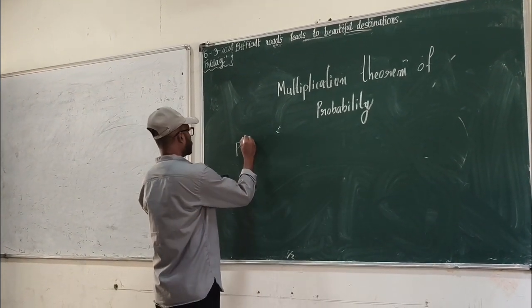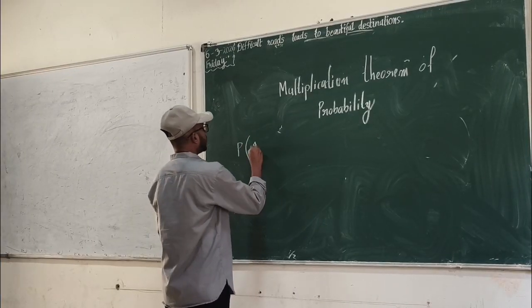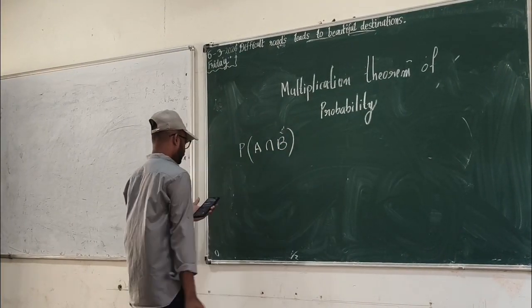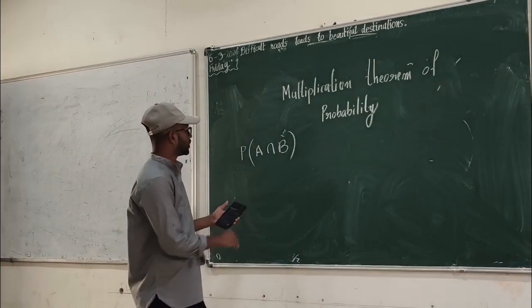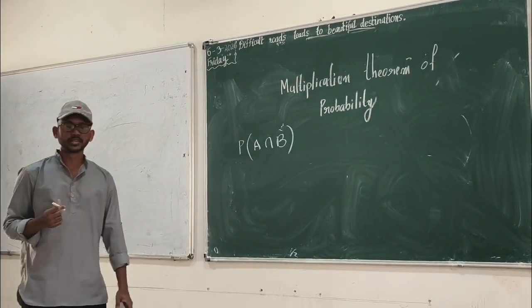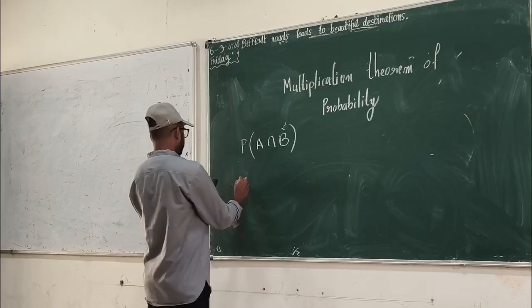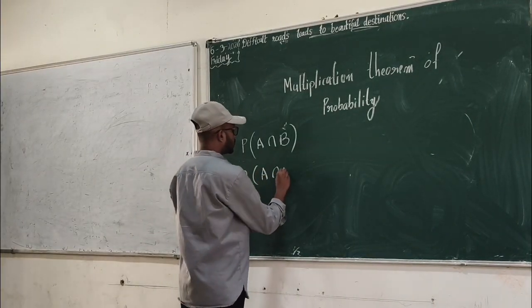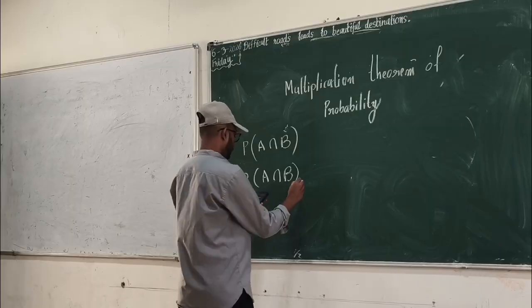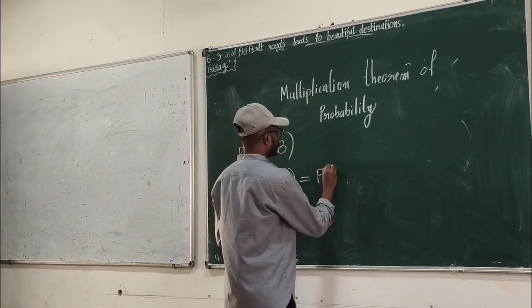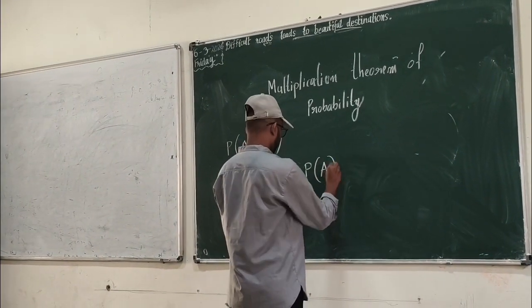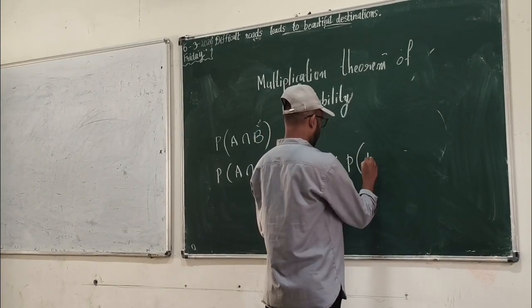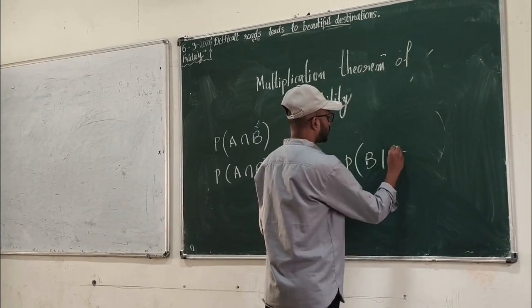We can write it as the probability of A intersection B. And what this multiplication theorem says is that the probability of A intersection B is equal to the probability of event A times the probability of B given A.